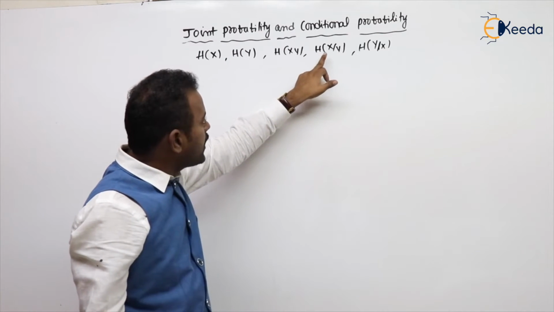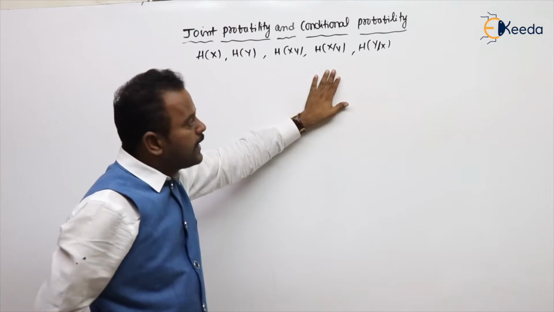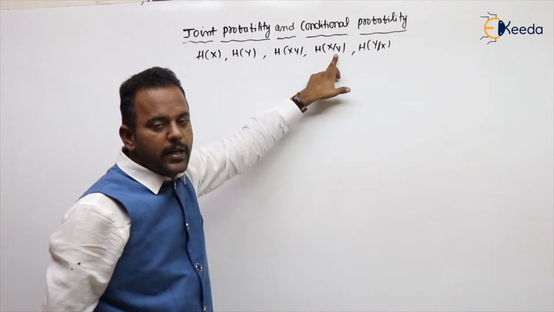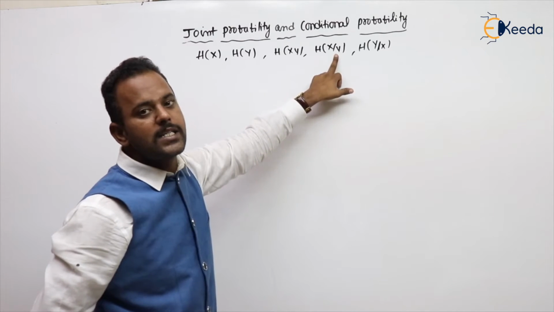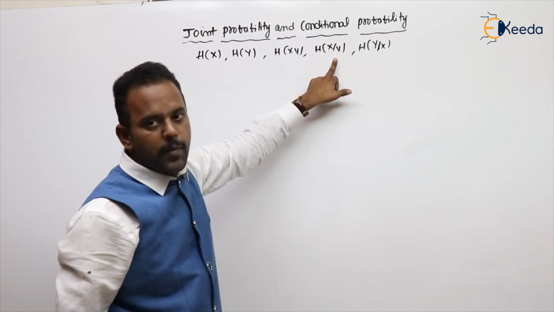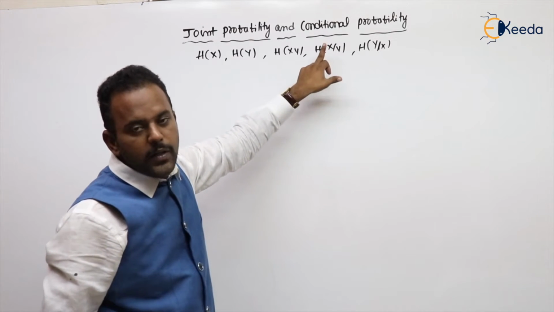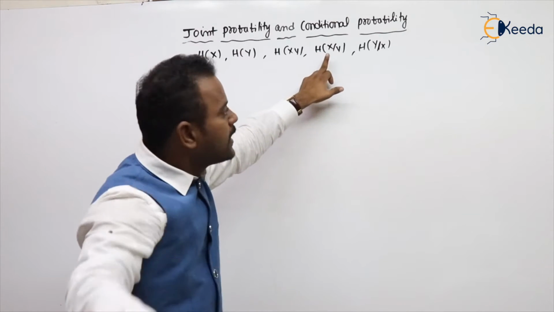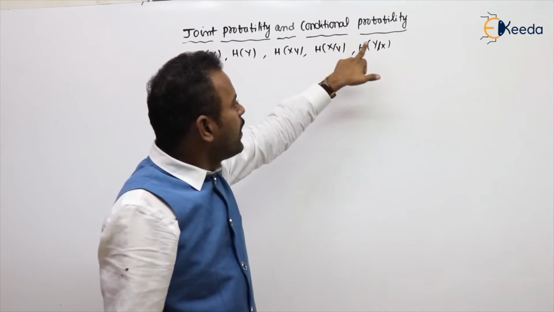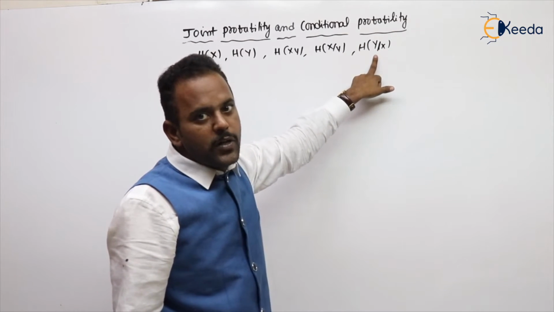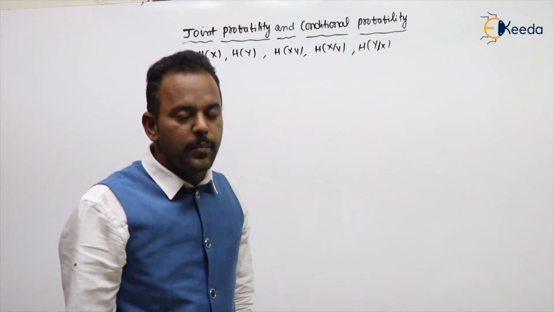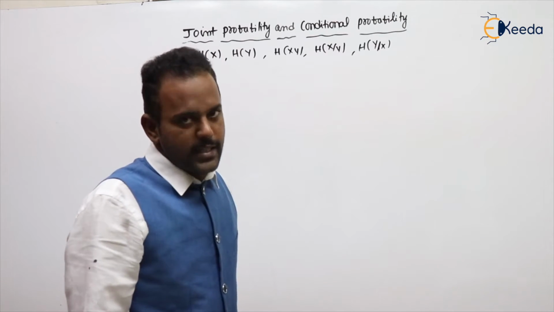What is the meaning of H of y by x? Here the received symbol is yk, given the transmission of any one of the xj symbols. It is nothing but measuring the receiver by knowing that the transmitted symbol is x.